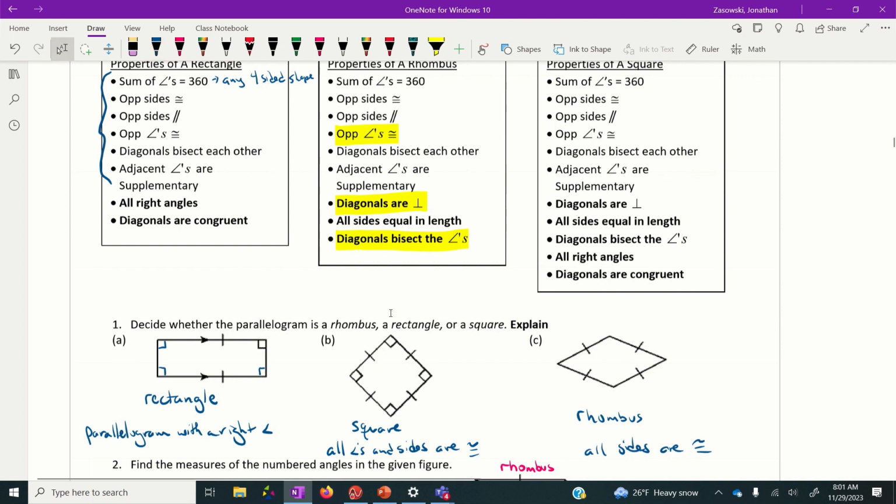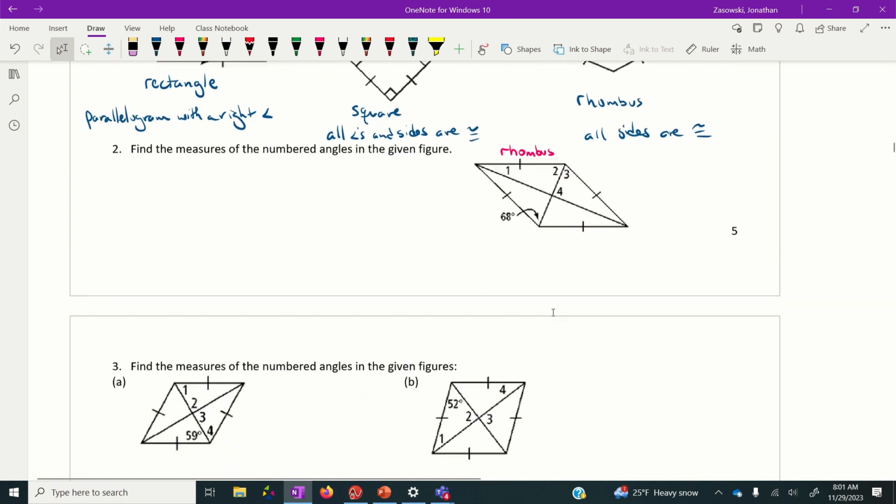So when we bring it back down to question 2, we are going to know that the diagonals, when they meet in the center there, are going to form right angles. So we'll already know that angle 4 is 90 degrees just because the diagonals are perpendicular. Also remember the diagonals are going to bisect the angles and that opposite angles are equal.